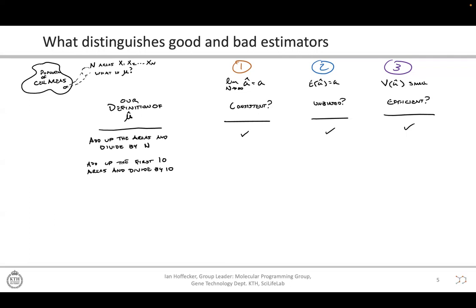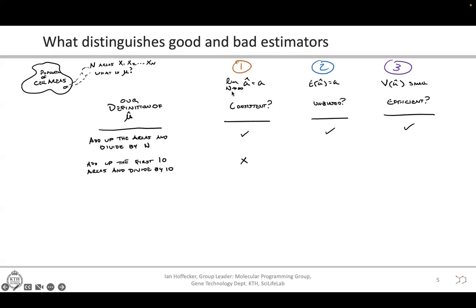So another example could be we add up the first 10 areas only, and then divide by 10. So instead of taking all n in this case, we're only taking the first 10. And so a problem we're going to have here immediately is that as n goes to infinity, we're not going to approach the true value here, because in all of these cases, we're still only taking the first 10.